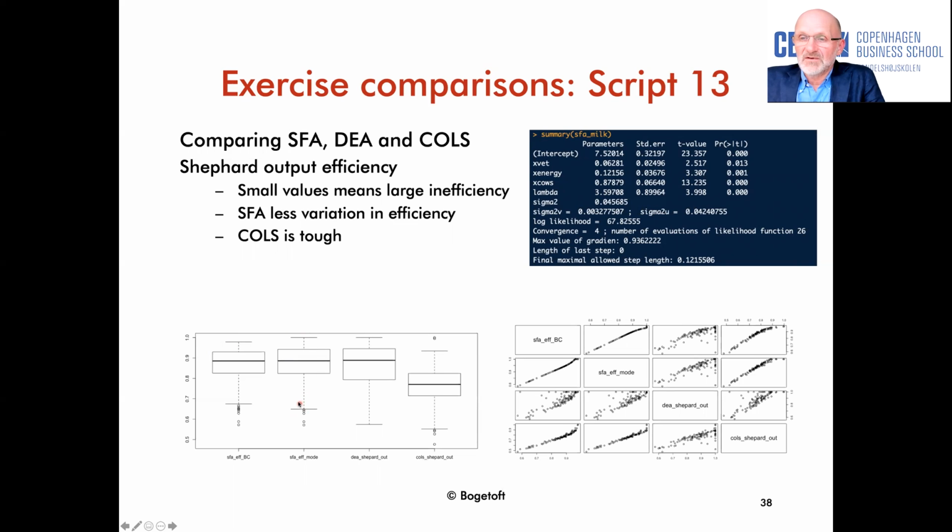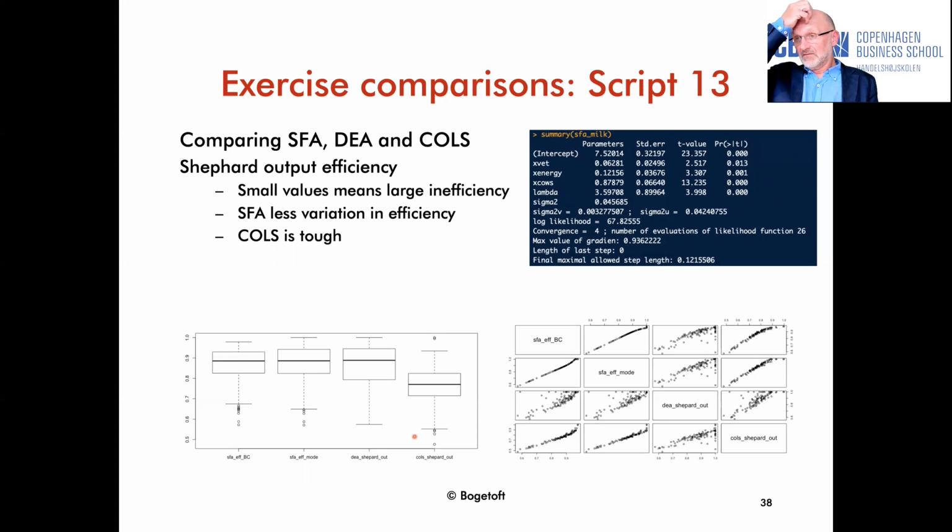You see that the efficiency is a little bit higher than what you get in the Shepard DEA model. You get a little bit lower, but the lowest distribution of efficiencies, where the companies look the least efficient, is in the COLS model, which is not surprising because it's the most extreme one, where you locate your function on the frontier.